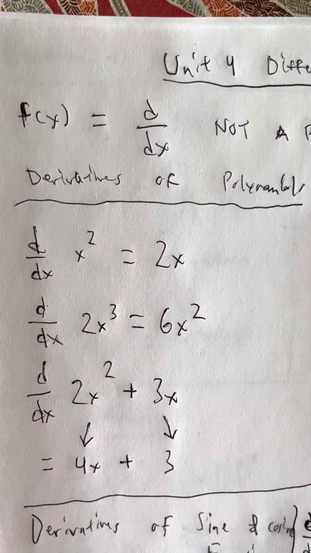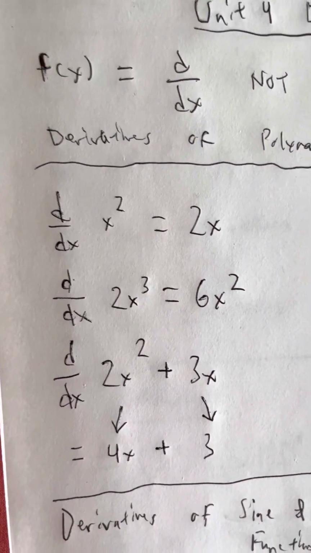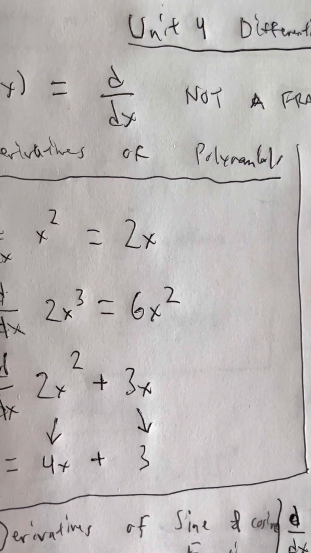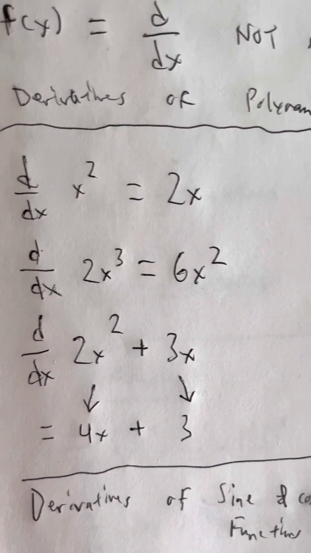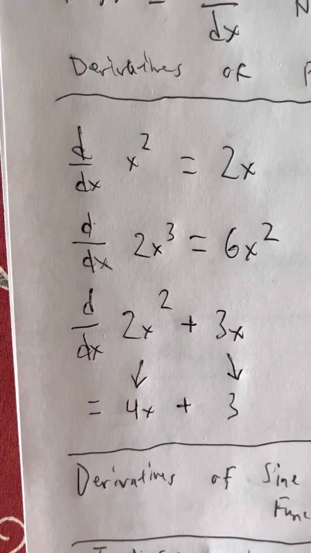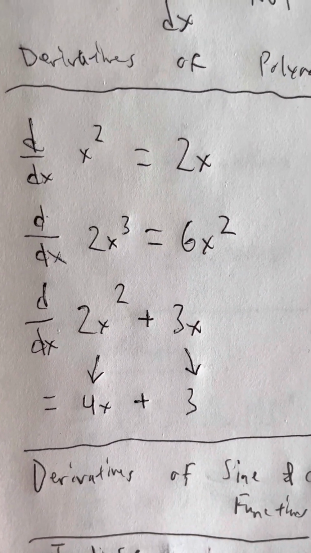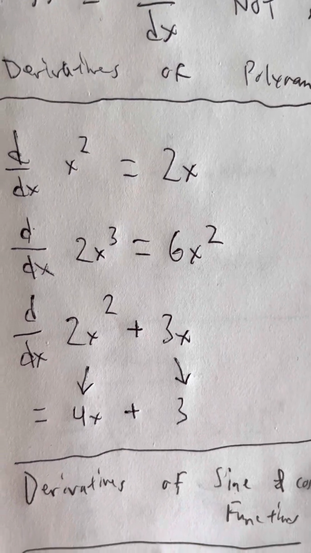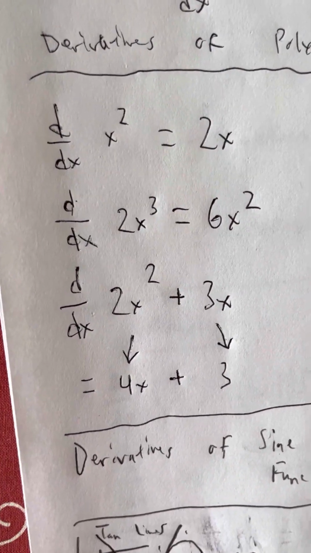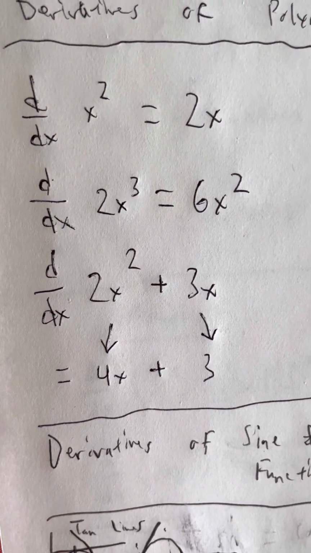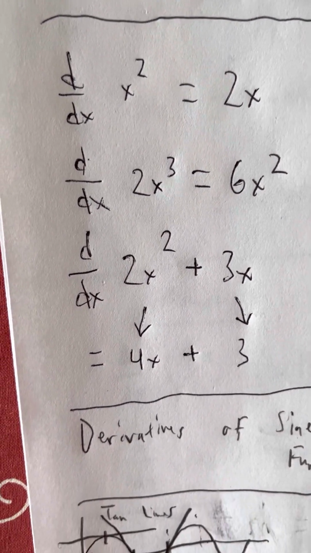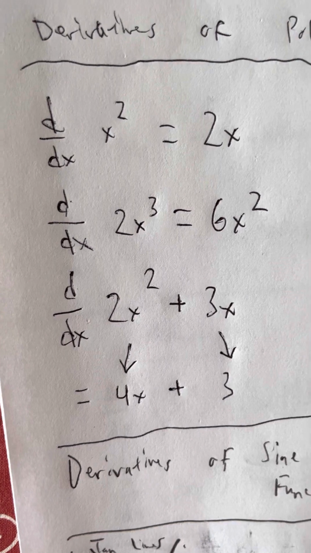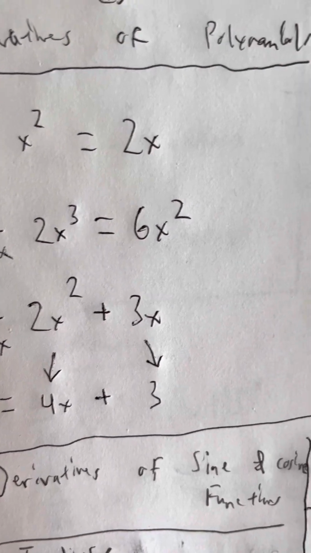You're basically decomposing the polynomial. 2x squared, 6x squared. 2x third, 6x squared. 2x to the second, 3x, plus 3x, I mean. That's a two-parter. Do each part to the polynomial. 4x plus 3 as a result.